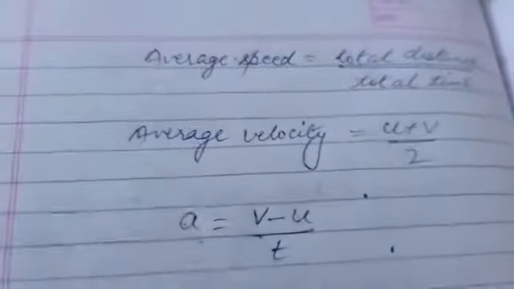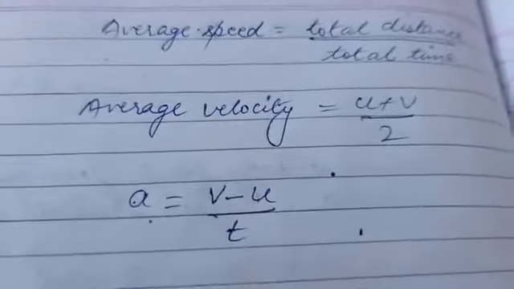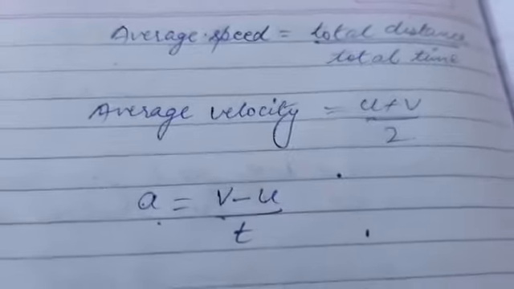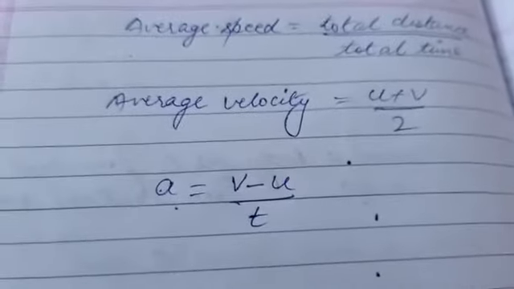Now a few basic things that you should remember, because in these questions we will be required to convert the speed, kilometer per hour into meter per second, or meter per second to kilometer per hour.